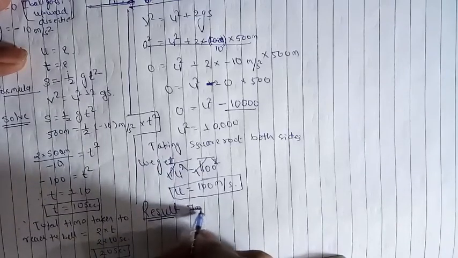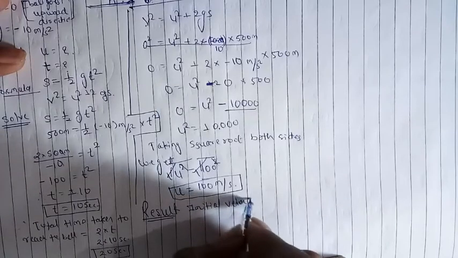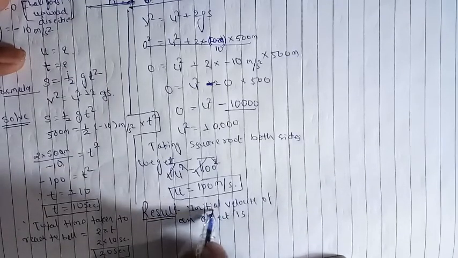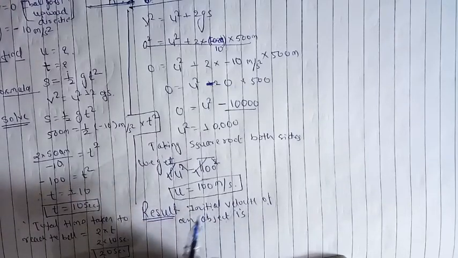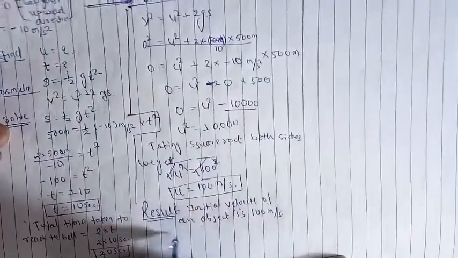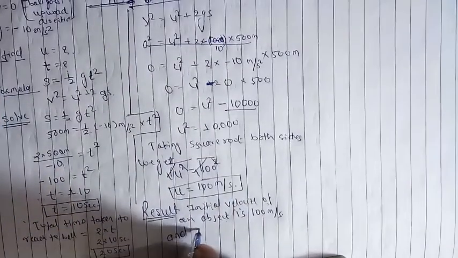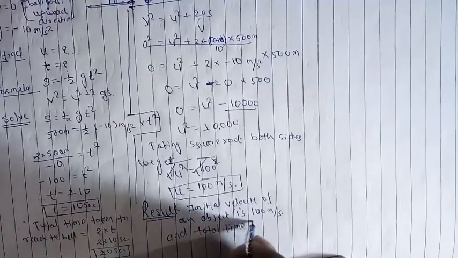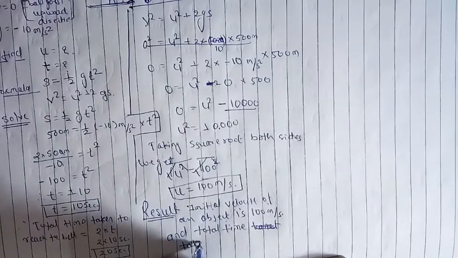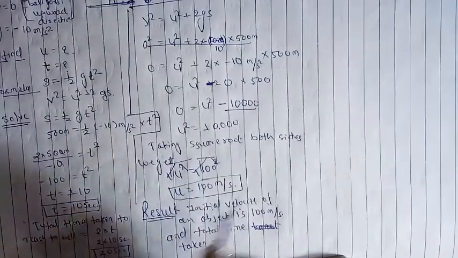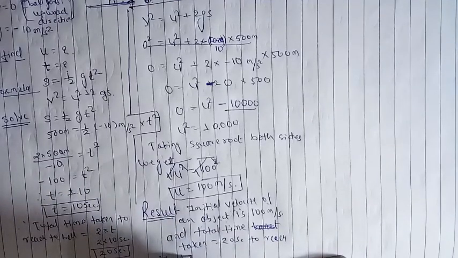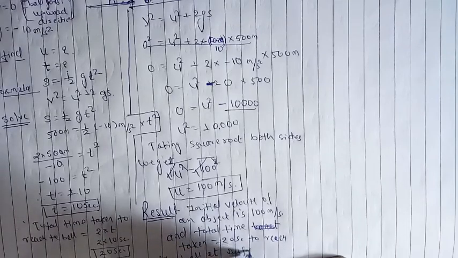So we write: the initial velocity of an object is 100 meter per second, and the total time taken is, we calculated here, 20 seconds to reach the ball at the surface.